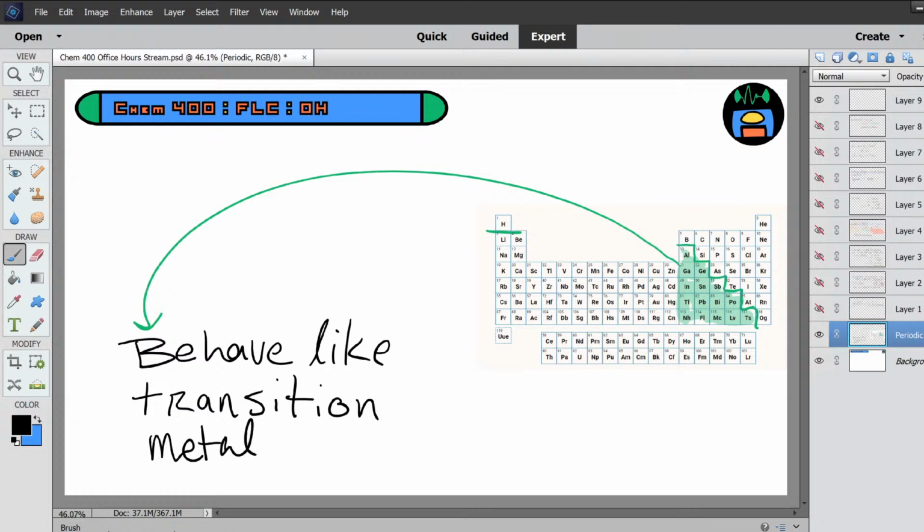All right. There is one that does not behave like a transition metal. Whoops. Oh no. The one that does not behave like a transition metal is aluminum. Aluminum right here only acts as a main group metal.